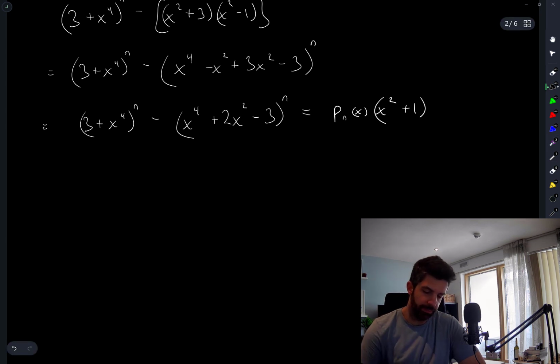And of course, the leading power here, x to the 4, is going to be raised to the n. So there's no x to the 4n. What am I missing?